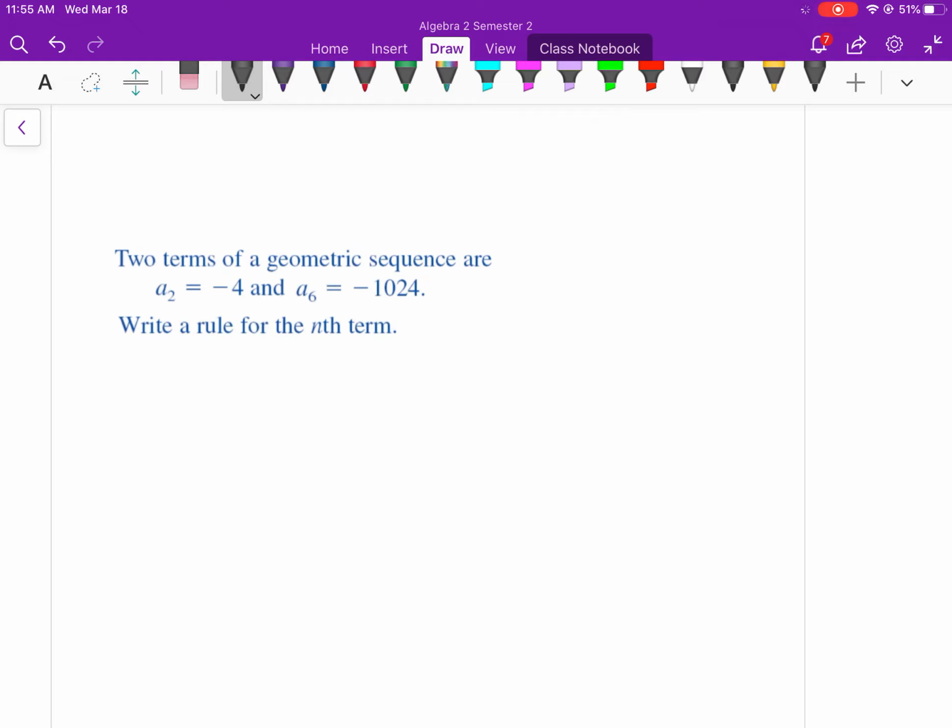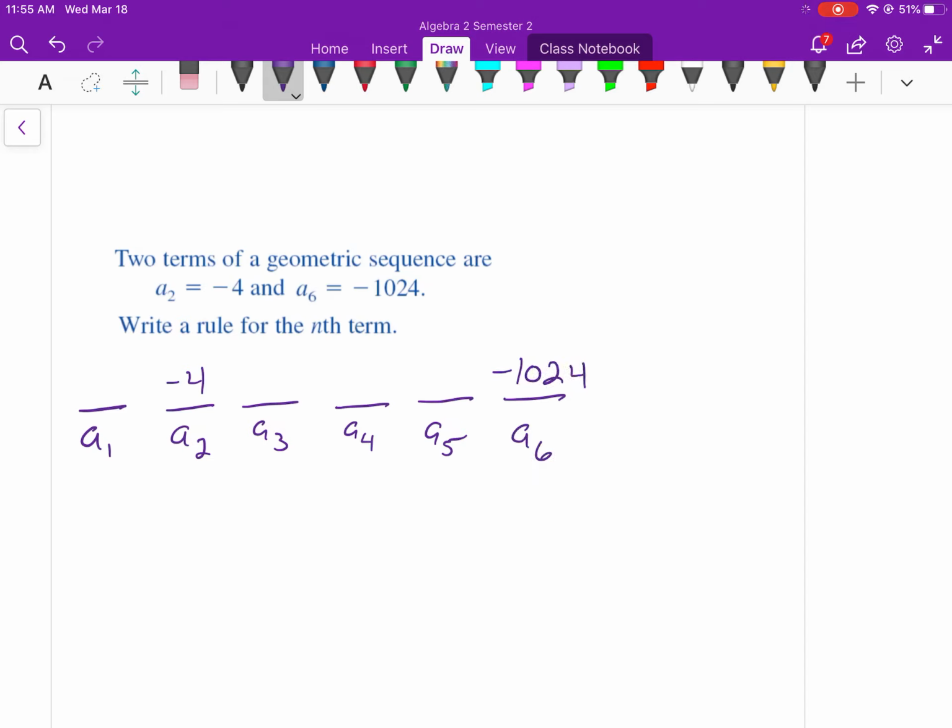Okay, now given two terms. Let's say this is a1. Here's a2, which is -4. Then a3, a4, a5, a6, and we know that one's -1024.